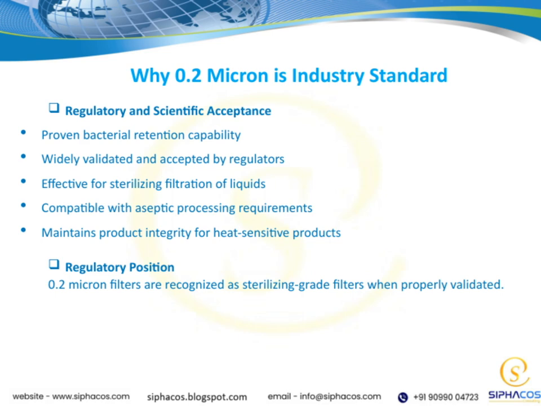This validation is essential to confirm they perform as intended and meet industry standards. So overall, choosing a 0.2 micron filter gives you a reliable, scientifically backed solution that supports safe, effective, and compliant sterilization processes across a wide range of applications.